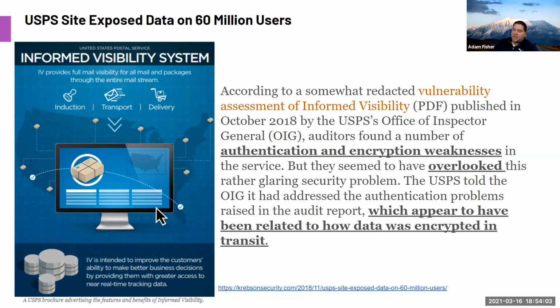Are you encrypting the data all the way? But they overlooked the problem, which was that the authentication and the authorization on the actual API wasn't tested. They didn't really even test for this level of an API attack, but were mostly concerned about how data was encrypted in transit.